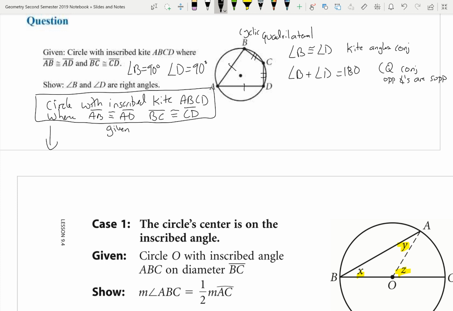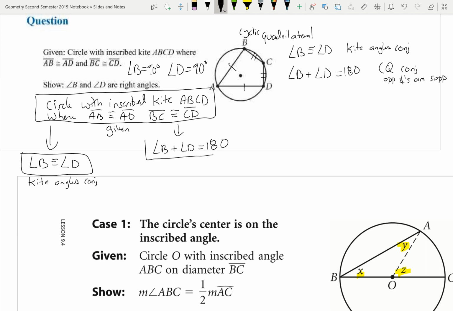We also know that angle B is congruent to angle D by the kite angles conjecture. And we know that angle B plus angle D equals 180 degrees because of the cyclic quadrilaterals conjecture.